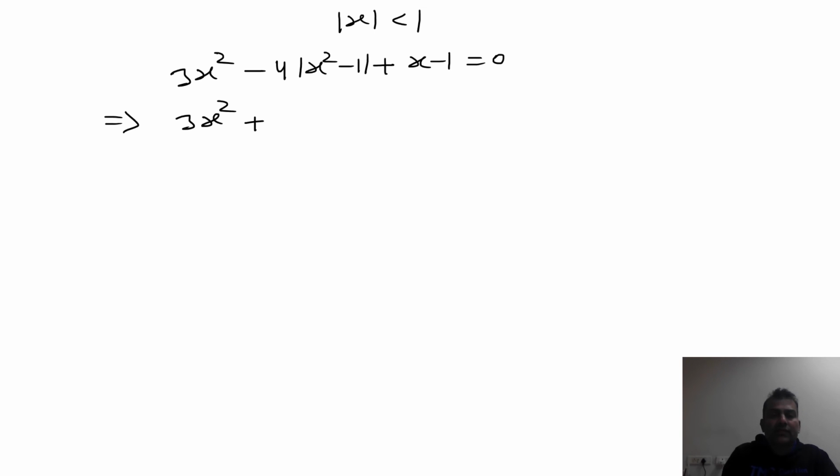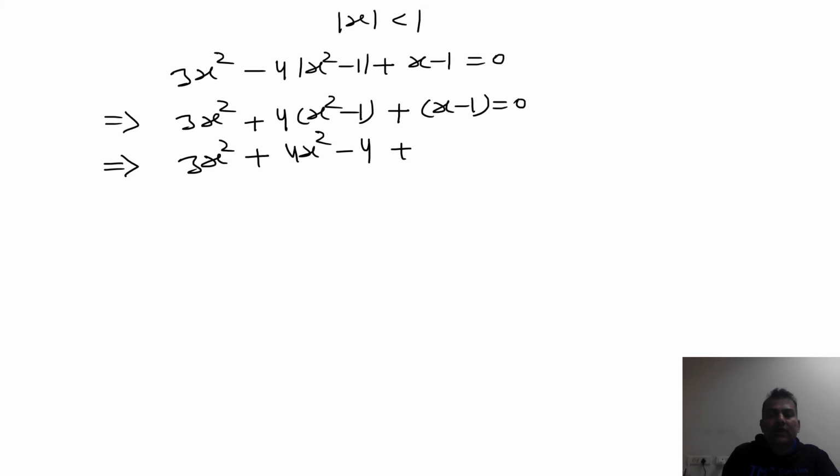So it is plus 4 times x square minus 1, plus x minus 1 equals 0. This implies 3x square plus 4x square minus 4 plus x minus 1 equals 0. So 7x square plus x minus 5 equals 0.